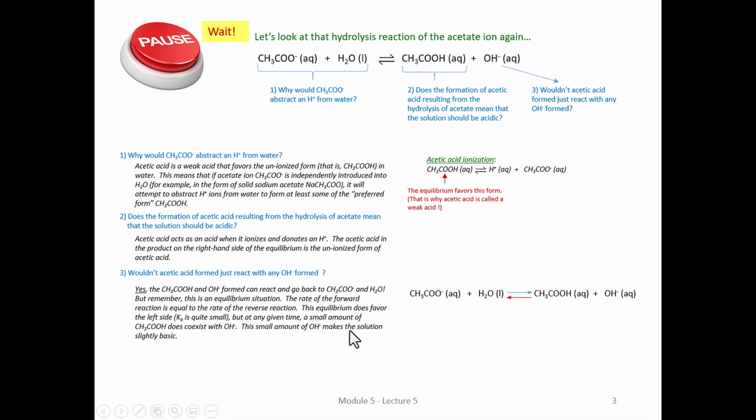The equilibrium does favor the left side because Kb is quite small, but at any given time, a small amount of acetic acid can and does coexist with hydroxide. This small amount of hydroxide is what makes the solution slightly basic.